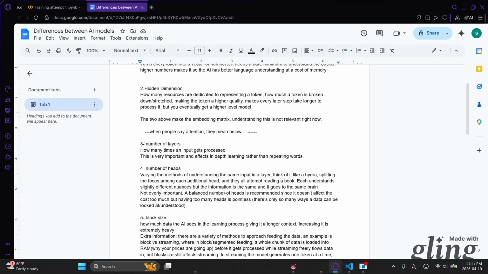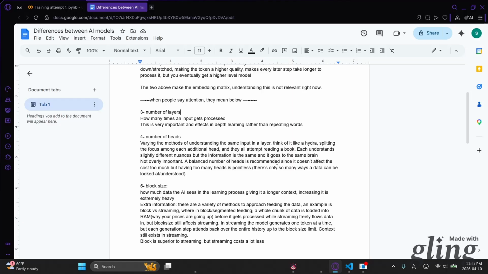Each of them understands the book slightly differently, but ultimately the knowledge that gets imprinted to the brain is the same. It's not entirely needed because the information gets learned either way, but it does help. And the cost isn't too much, so it is recommended to have it, but having too many heads is going to be pointless because there are so many ways you can interpret it.